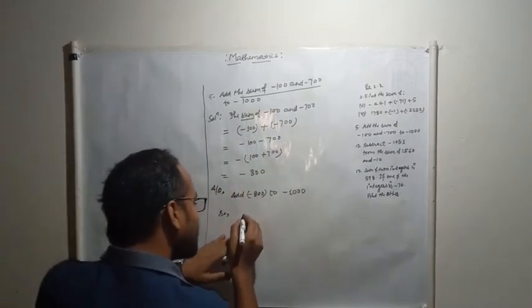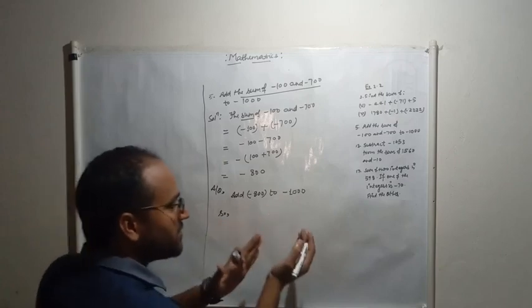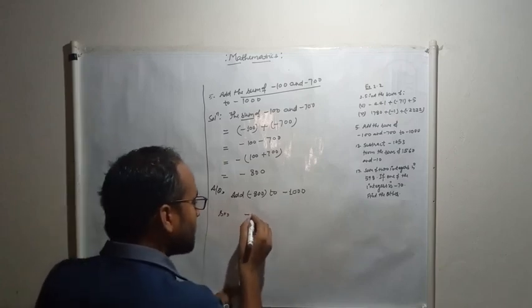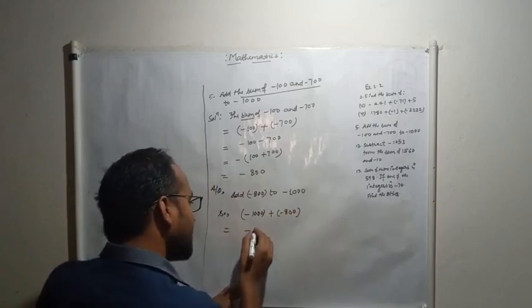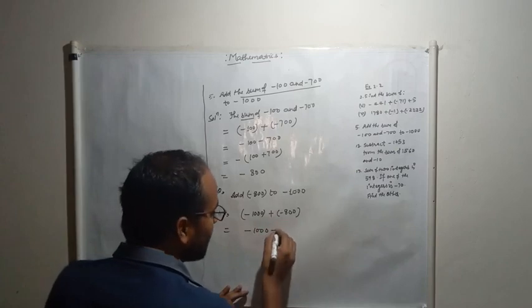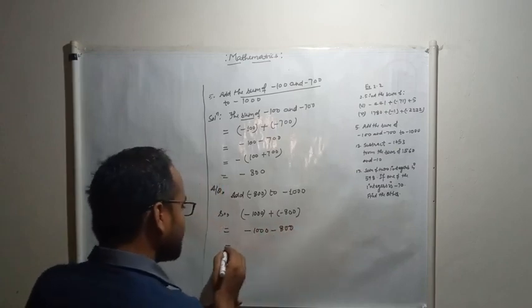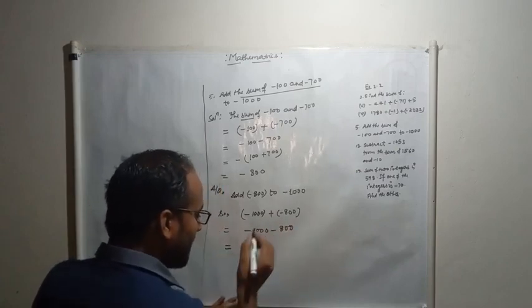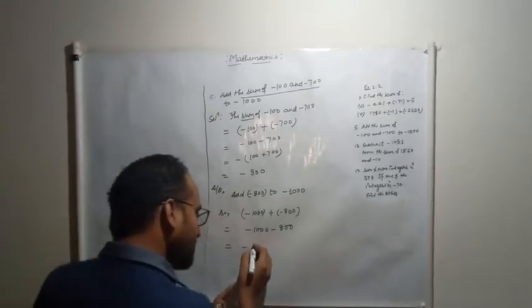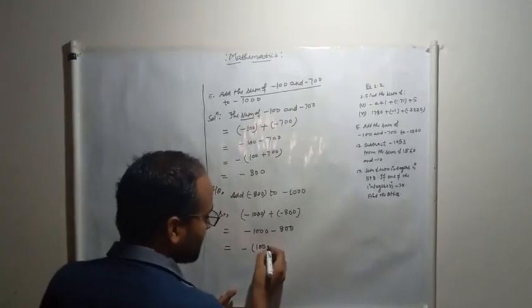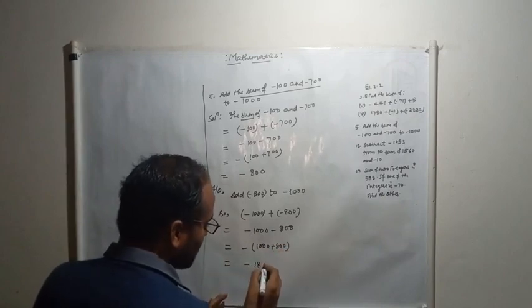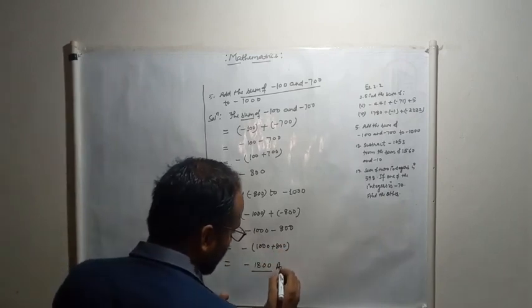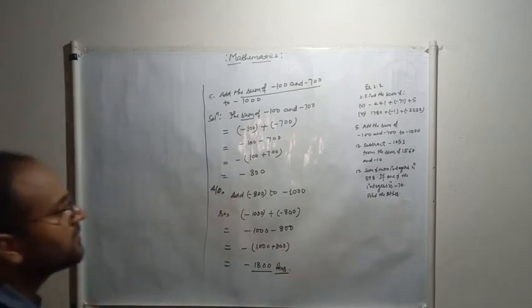So first I am going to write this one. No problem if you write a plus b or b plus a, both are the same. Minus 1000 and plus minus 800. Plus is multiplied into minus, you get minus there. Both are negative. Add their absolute value and put the common sign before the sum. 1000 plus 800, you get minus 1800. This one is your answer for this question.